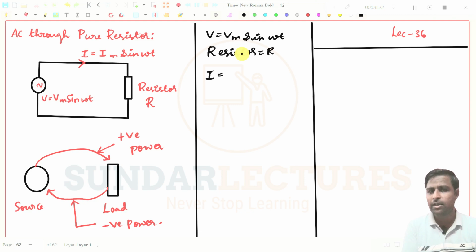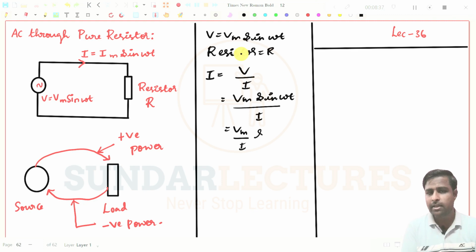I should be equal to V by R, right? We know this formula. Writing V here as Vm sin omega t, divided by R, I can write it as Vm by R sin omega t. Sorry, this is actually R, V by R. And Vm by R, that I can write as Im.